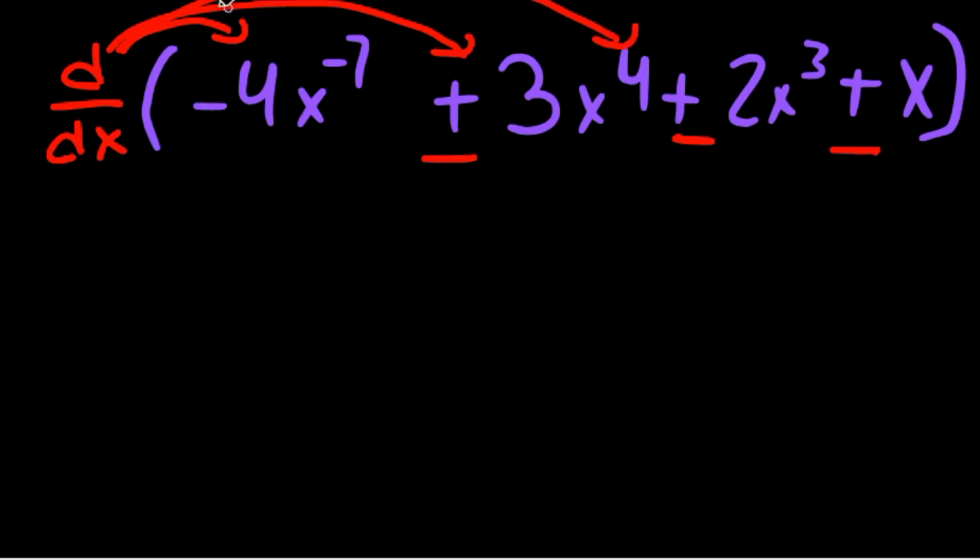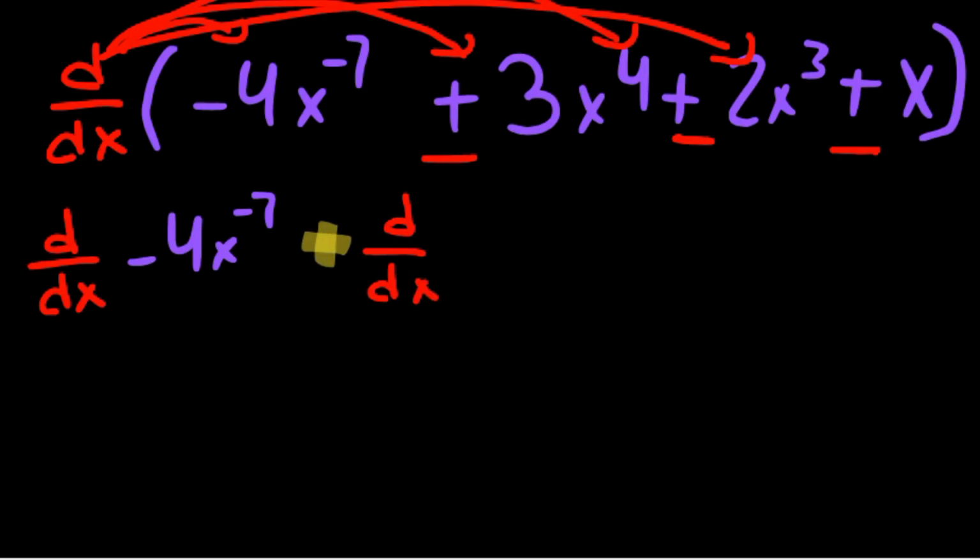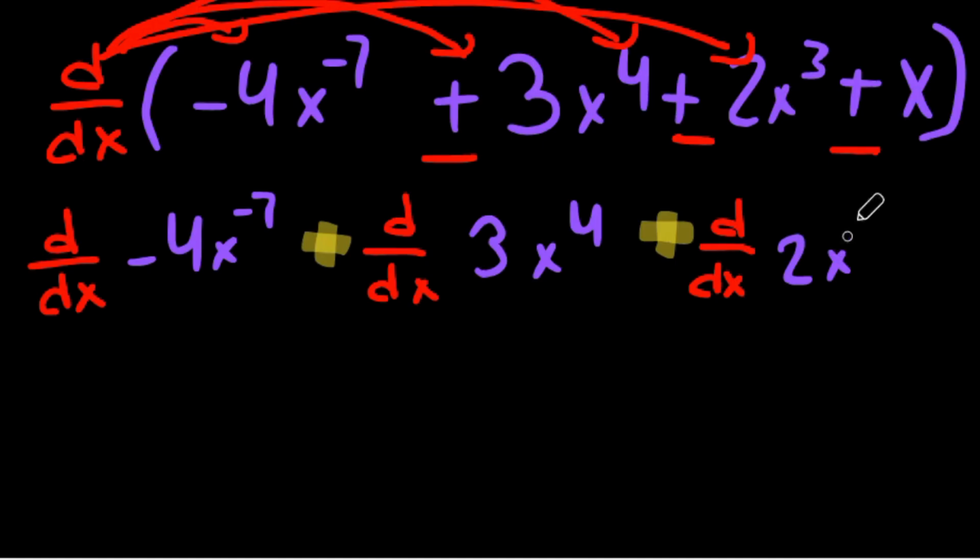I will talk about this rule in some of my future videos, but essentially this is the same thing as the derivative of negative 4x to the negative 7th, plus the derivative of 3x to the 4th, plus the derivative of 2x cubed, and finally plus the derivative of x.